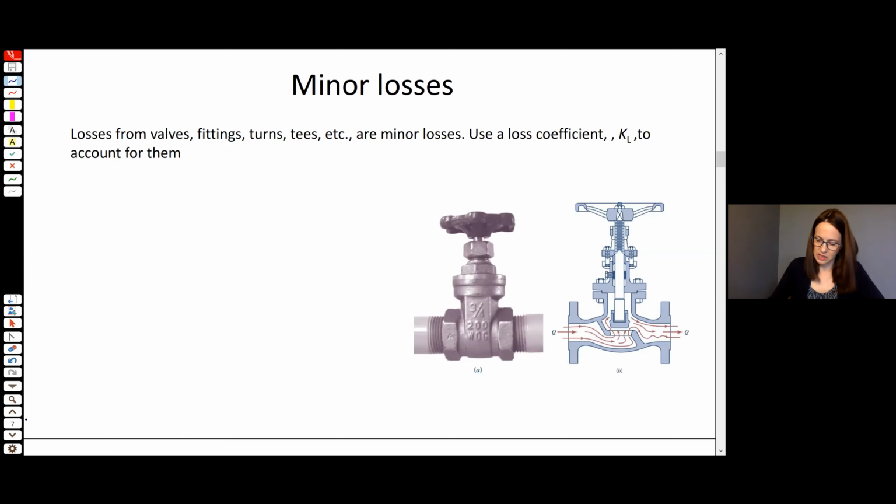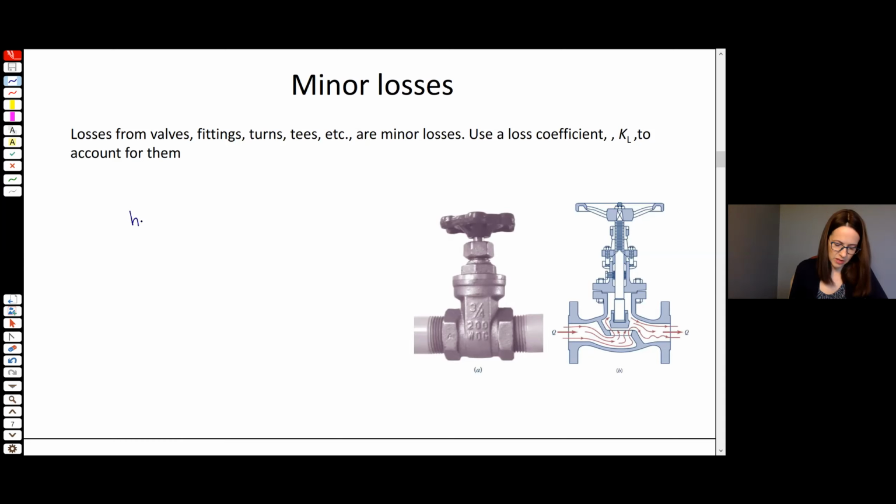So if you look at this picture over here, you've got this T-junction, and it's got some internal structure like this. Well, of course, that really messes up our nice straight uniform flow, and you get these sort of chaotic looking streamlines, and there are losses associated with that, right?